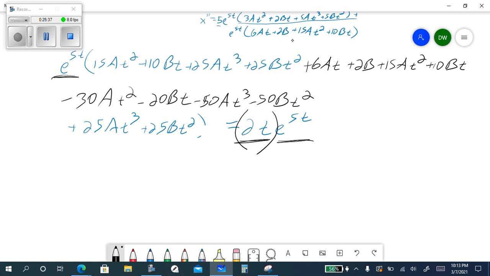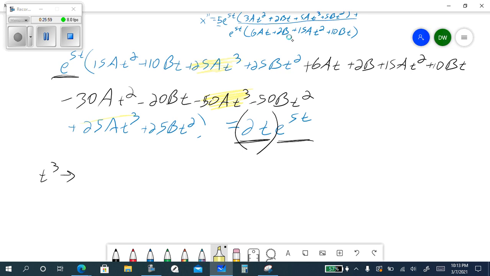So for our t cubes, on the left we have, let's go through and highlight all of our t cube terms. So we have a t cube term here, and then we have a t cube term here.